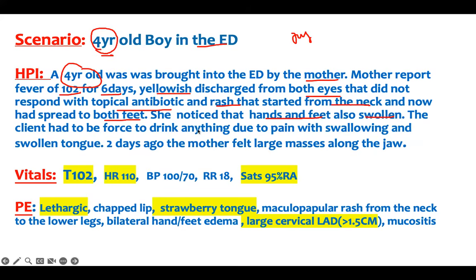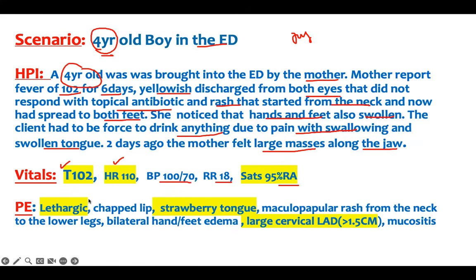The client had to be forced to drink anything, does not want to eat due to pain with swallowing, dysphagia, and a swollen tongue. The tongue is big. Two days ago, the mother felt a large mass along the jaw. This is the way she described it. Along the jaw, what do you get over there? Lymph nodes. When they came into the emergency room: temperature 102, heart rate 110, blood pressure 100/70, respiratory rate 18, and saturation 95% on room air.